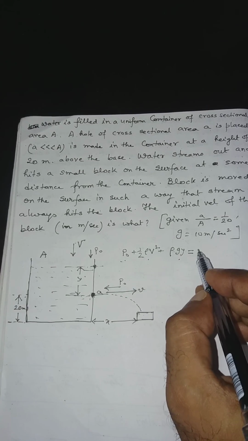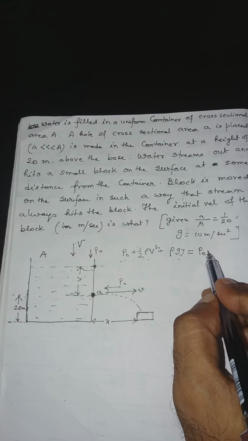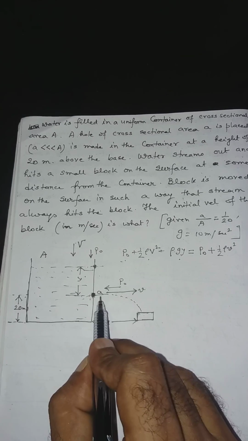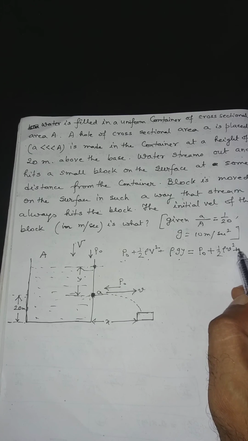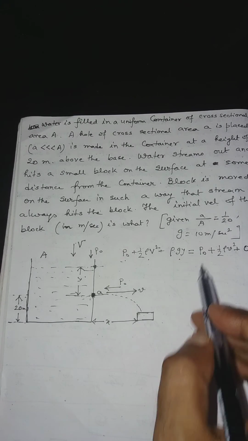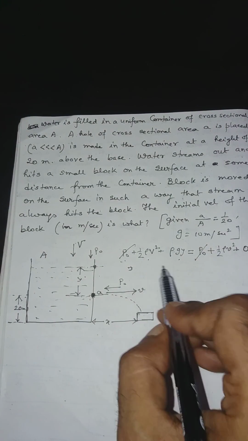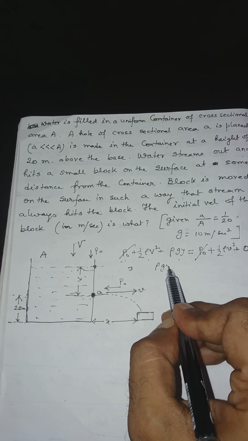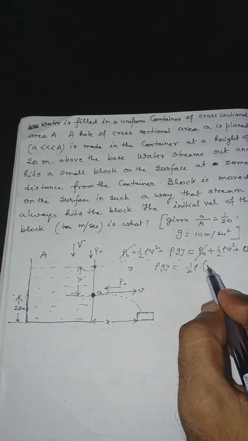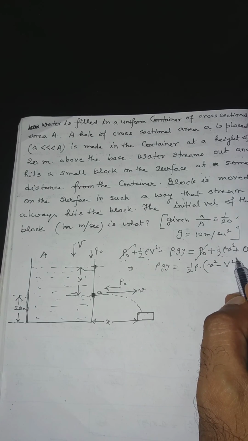And if we equate this with the total energy head at this point, we get the pressure energy head P0, and half rho small v square, that is the velocity of efflux, and the potential energy head here will be 0. So these two P0 terms will cancel, and if we take it over here, we get rho g y is equal to half rho into small v square minus capital V square.